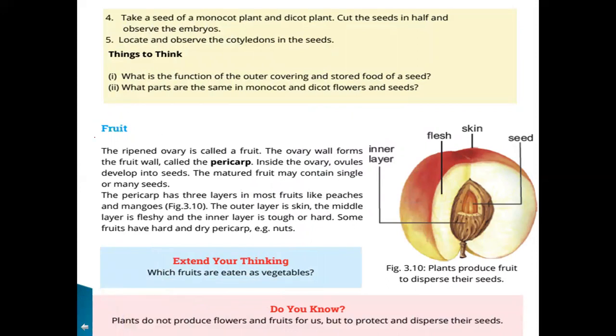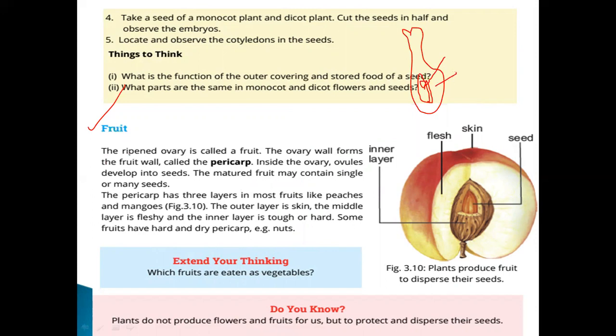Yes, dear students, last but not the least, we have reached a very important step of this reproduction, that is fruit. So how is the fruit formed? We have seen that in the ovary, the ovule, for example this is one ovule, becomes the seed, and this ovary, this broad part, changes into fruit.